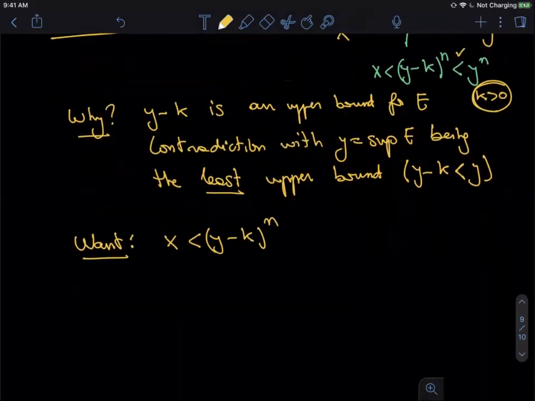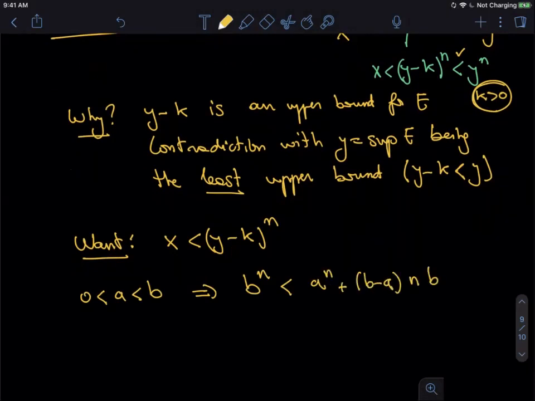All right, so we will use the same property as before because it's still a similar type of computation. So let me copy it here: b^n less than a^n plus (b-a) times n times b^(n-1).